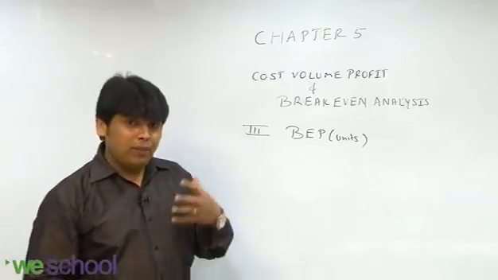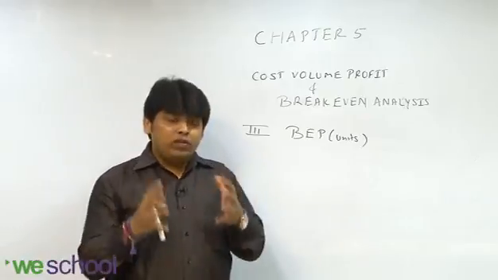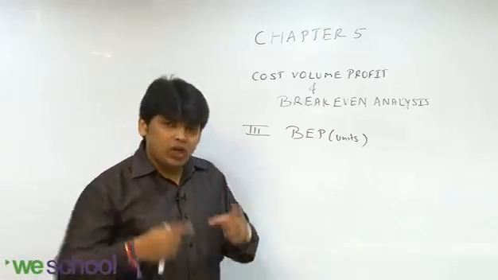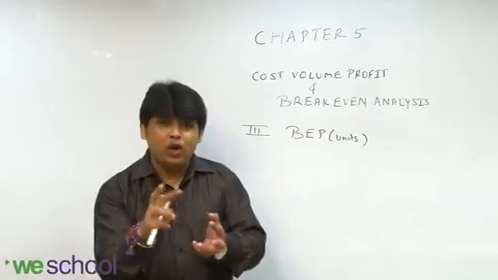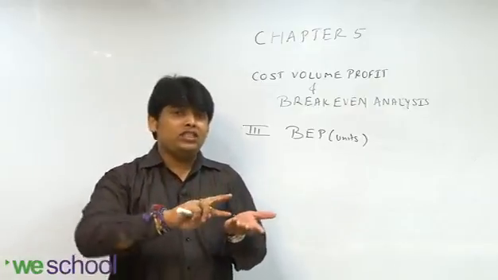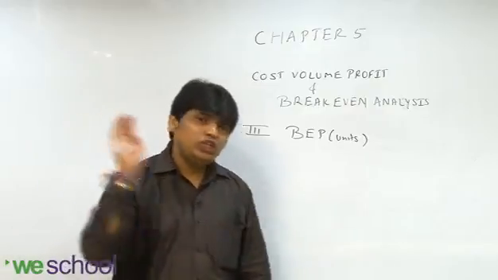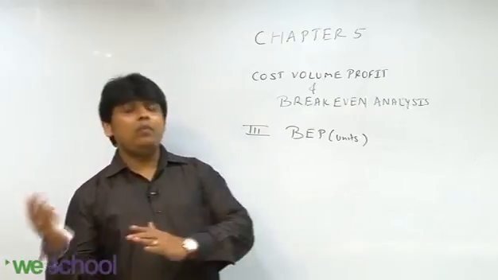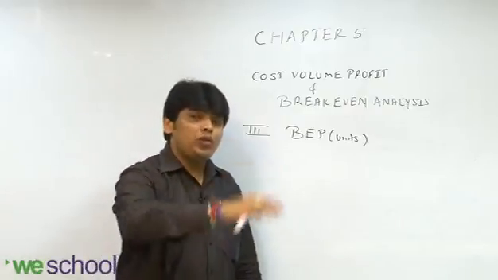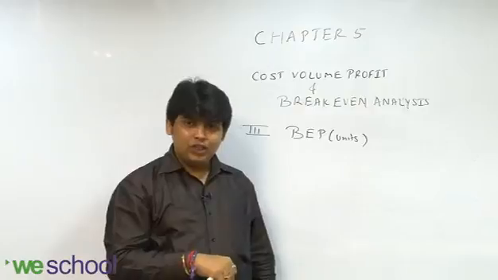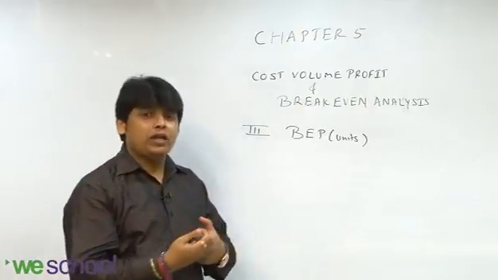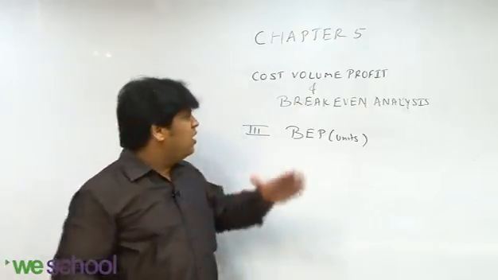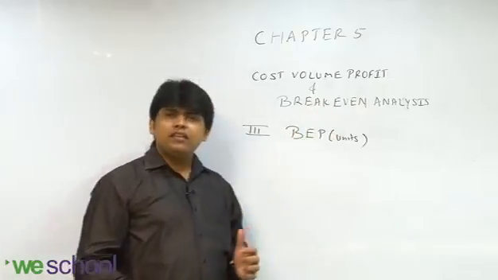So their basic idea is, whatever they are producing, just try to cover that cost within one or two months, because after two months you are going to launch a new product, or some other company will launch a new product which is superior to your previous product. So in order to survive in the competitive market, every company follows break-even analysis theory.